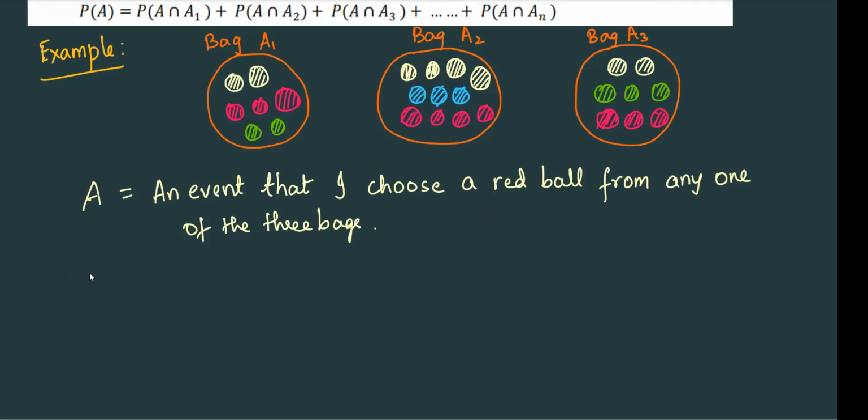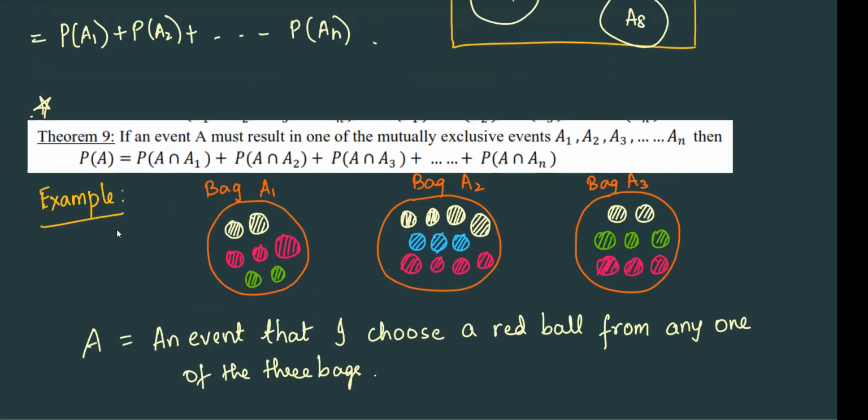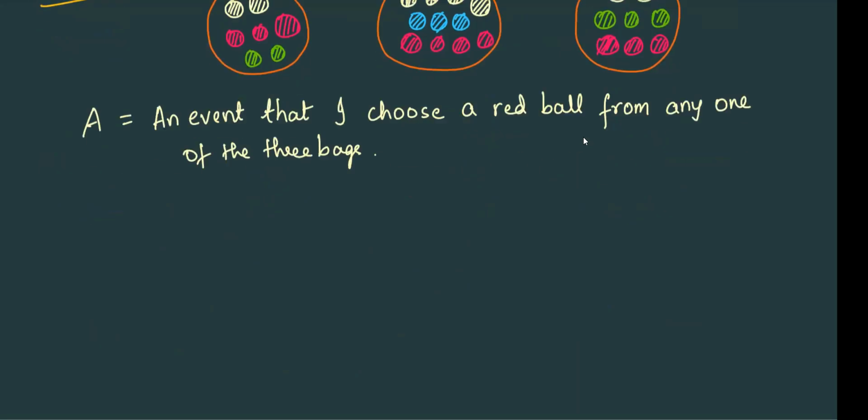Now, the issue here is if I choose A, then automatically it implies that I will choose one of the bags. Correct? If I have to choose a red ball, it inherently means I have to choose a bag also. So that is the meaning of saying that event A must result in one of the mutually exclusive events.